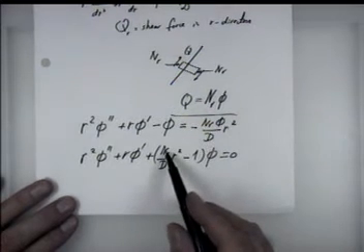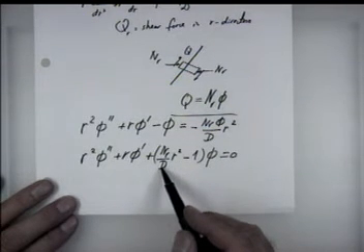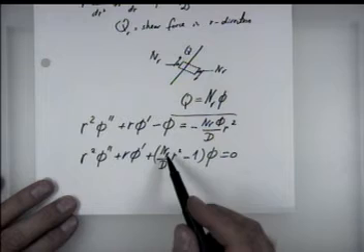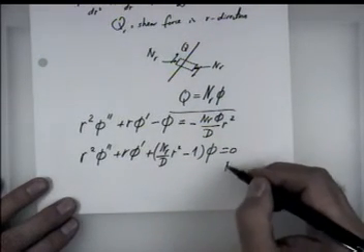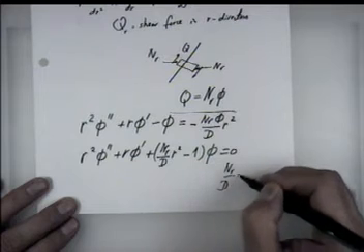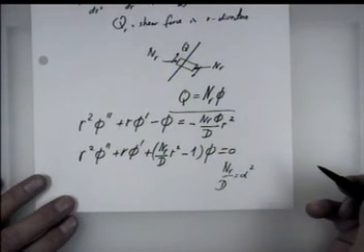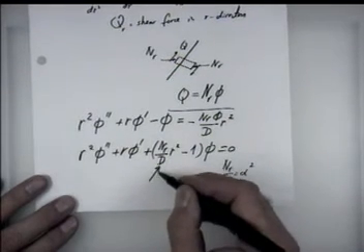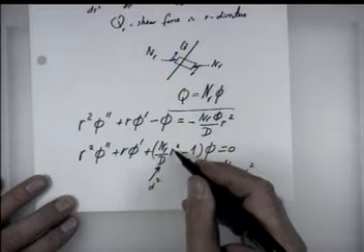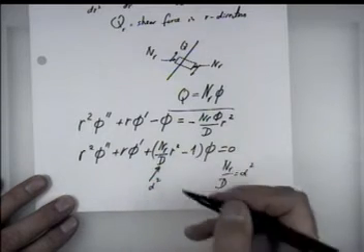Now he denotes N_R over D as some alpha squared. Then we will have here alpha squared r squared minus 1.